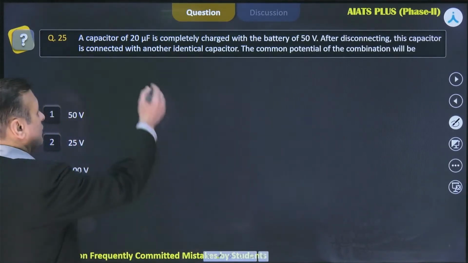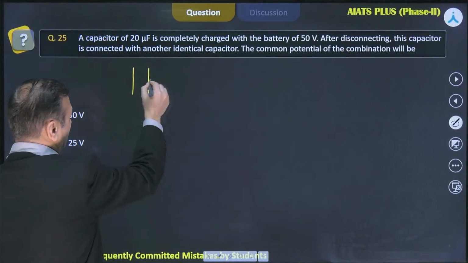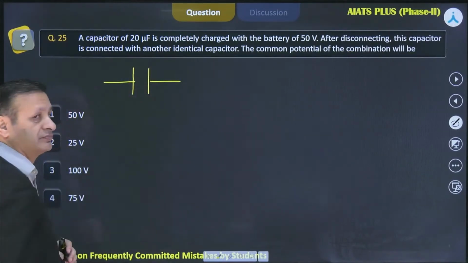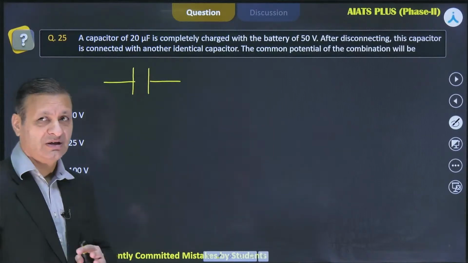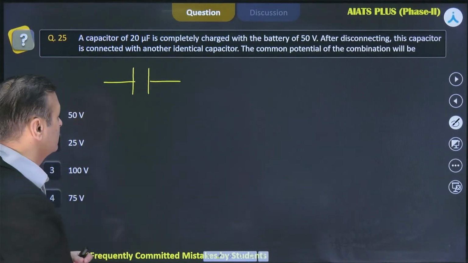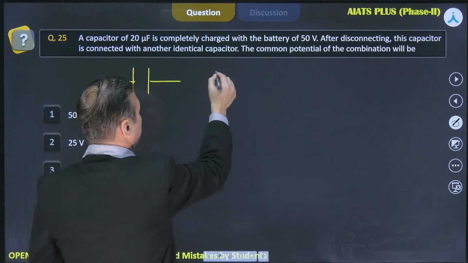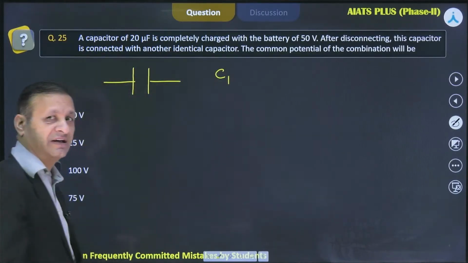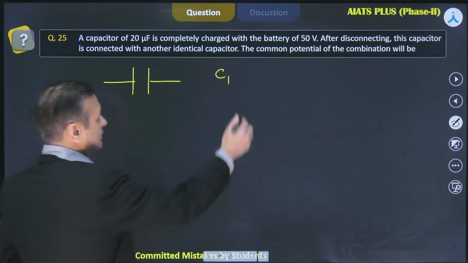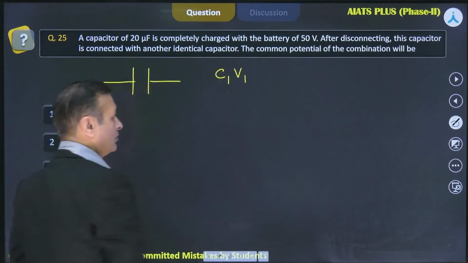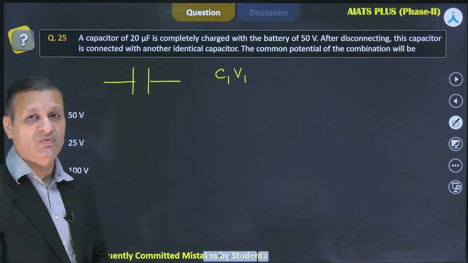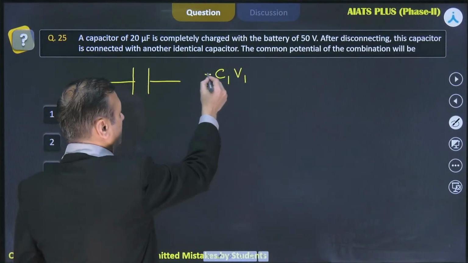So we have a capacitor. Let's understand it. Let's build up the concept. So we charge it. This capacitor is C1. And we just charge it to a potential V1. So what is the initial charge?